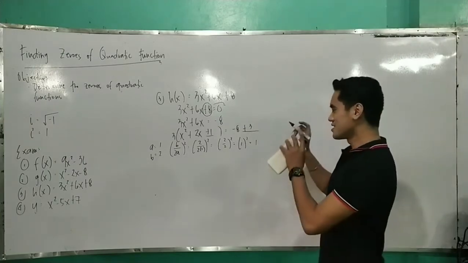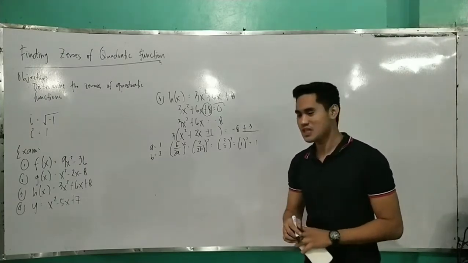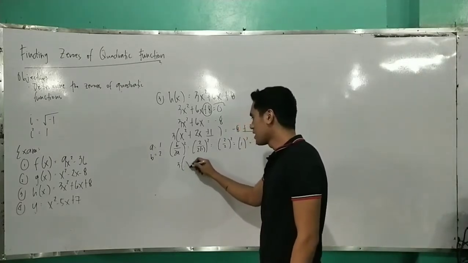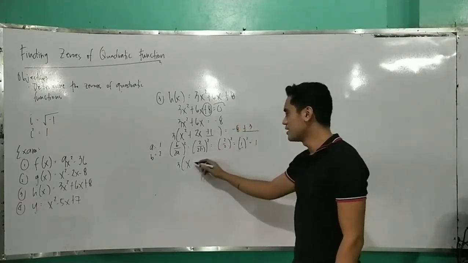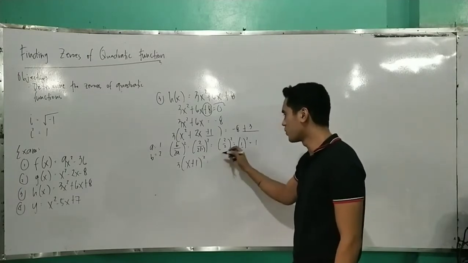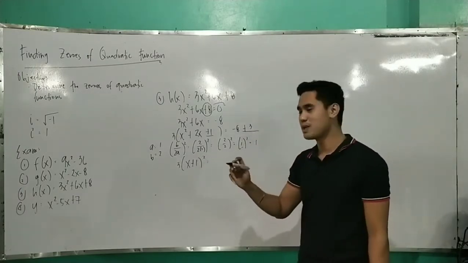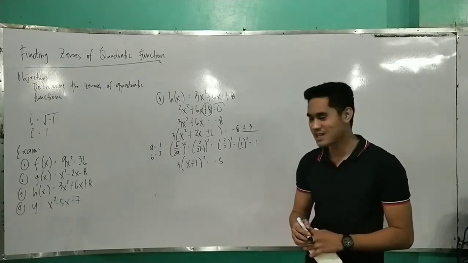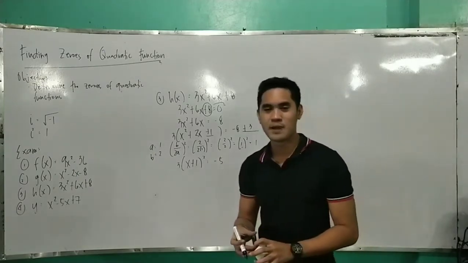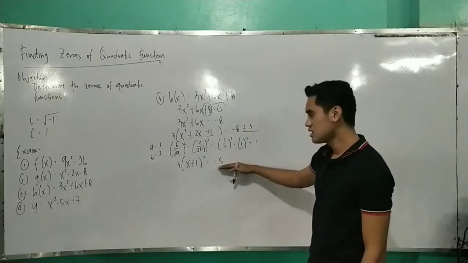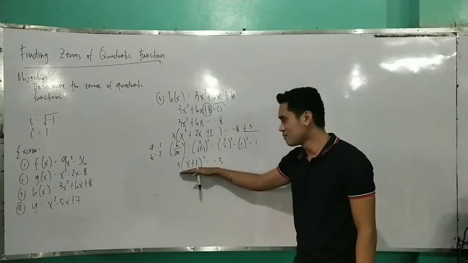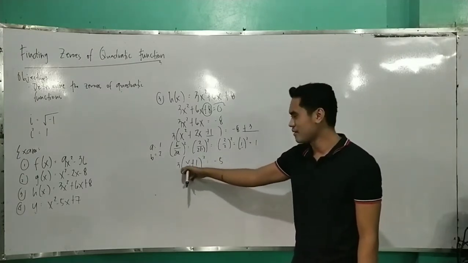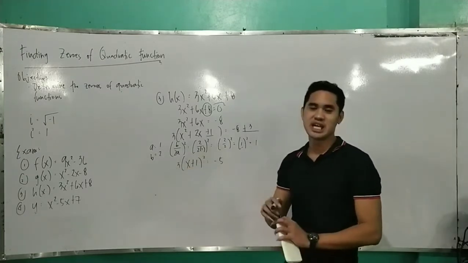Next tayo. Next natin, factor out the trinomial. So, 3 times x plus 1 squared is equal to negative 8 plus 3 is negative 5. After nito, kailangan natin makuha yung square root. Pero syempre, meron tayong 3, ibig sabihin hindi siya pwede.